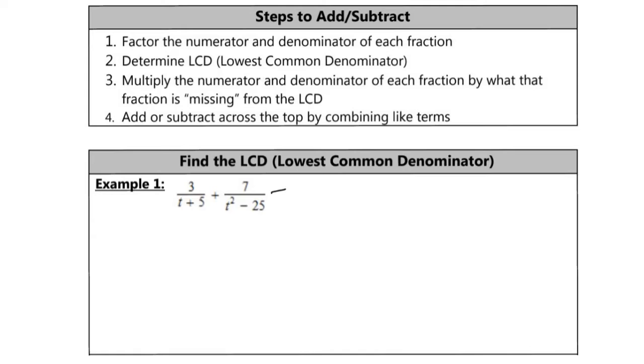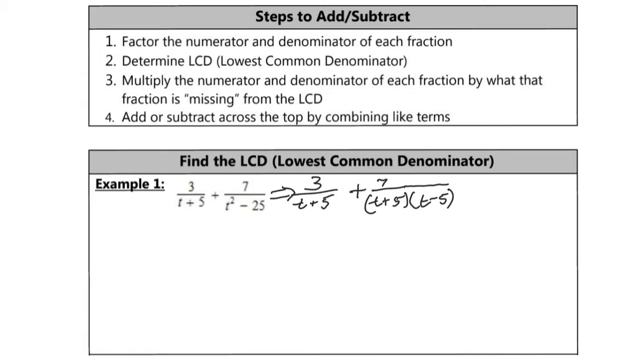So I'm going to rewrite this as 3 over t plus 5, and then plus 7 over, and then let's factor it. So this is a special case, right, where it factors to t plus 5 times t minus 5. I'm sorry for the writing. It's kind of a pain to do this.